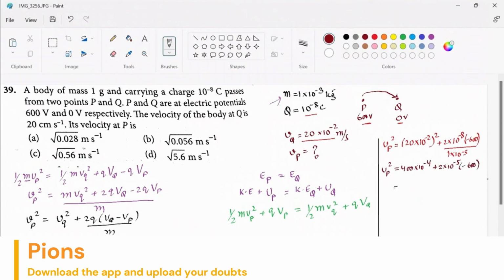Let's simplify further. So it will be 4 into 10 raised to minus 2, and here we can write minus 6 2s are 12 into 10 to the power minus 3.